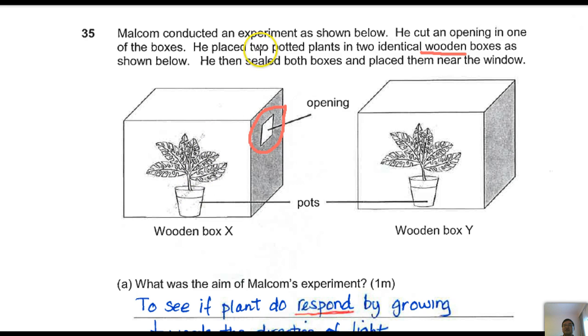Now he placed the two potted plants as shown below. Then he sealed both boxes and placed them near the window. All right, let us carry on to see what was the aim of Malcolm's experiment.